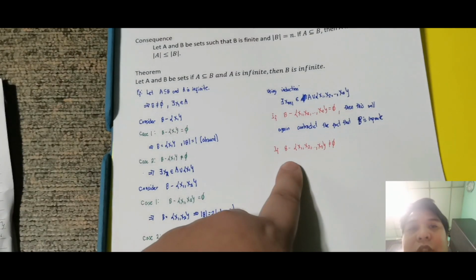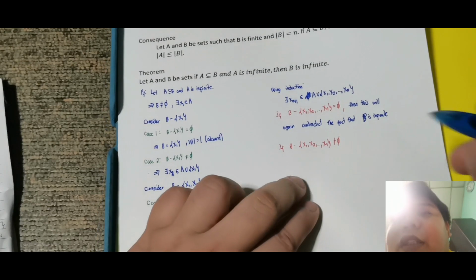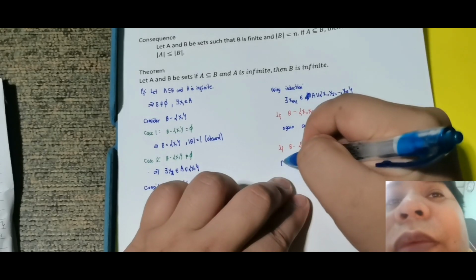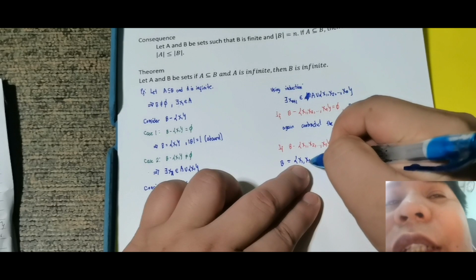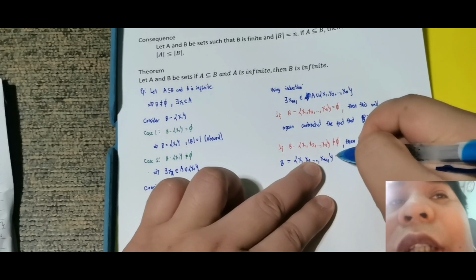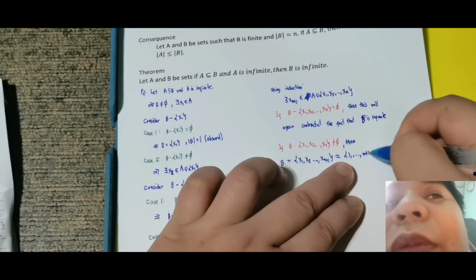Sure ako na itong B minus x sub 1, di ba, ang mangyayari dyan, then B is equal to the set containing x sub 1, x sub 2, dot dot dot up to x sub n plus 1, which is numerically, I can say that 1, 2, 3, dot dot dot up to n plus 1.